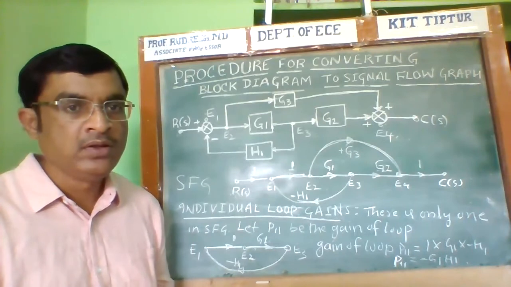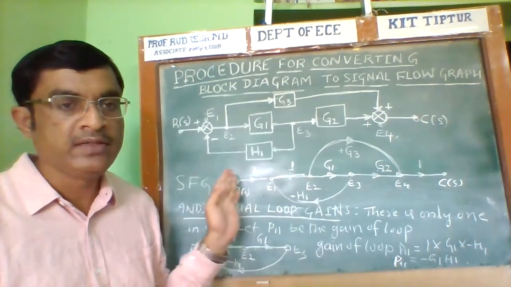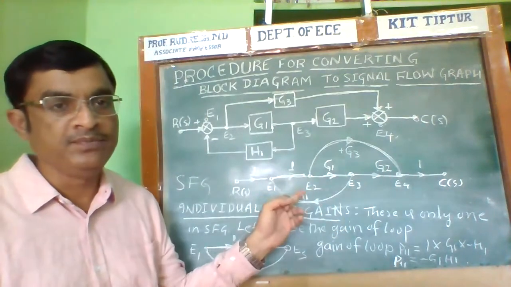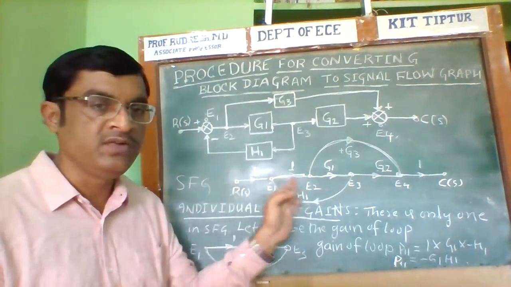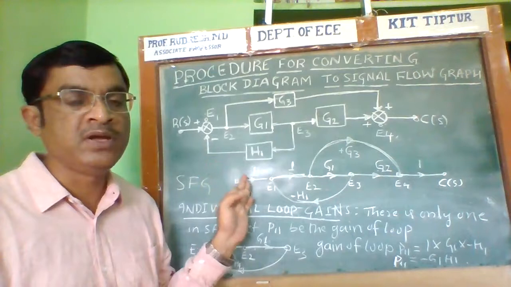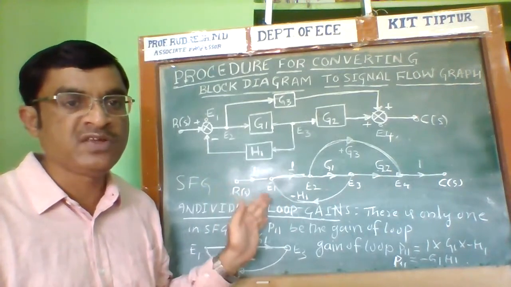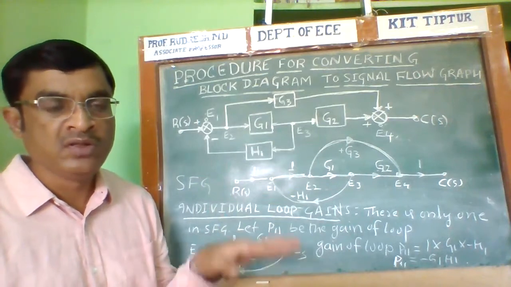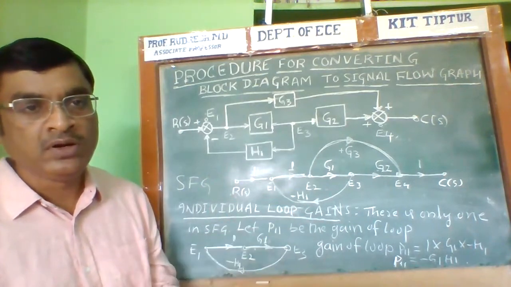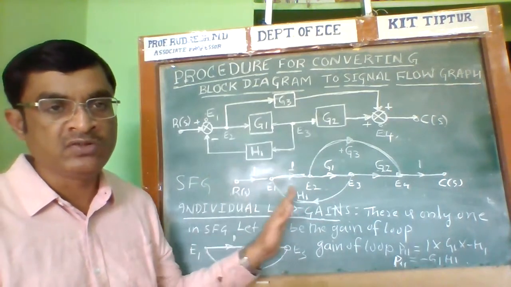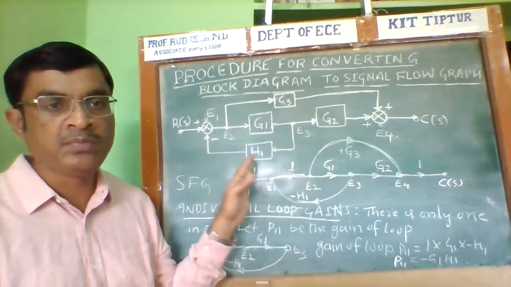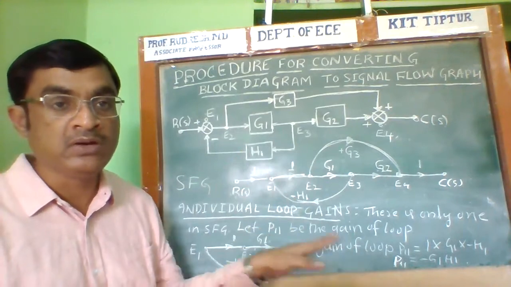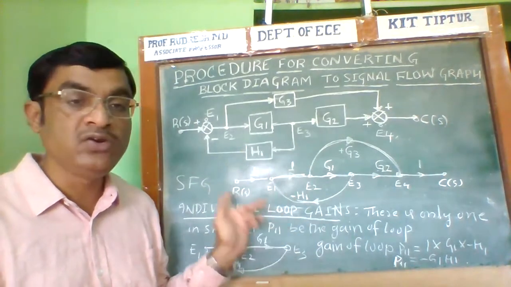While calculating the overall gain of the given signal flow graph using Mason's gain formula, the first step is to write down the formula, identify the number of forward paths and expand it. The next step is the forward path gains. The next step is the individual loop gains.